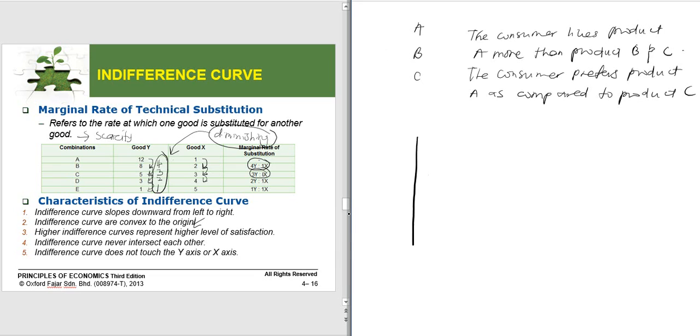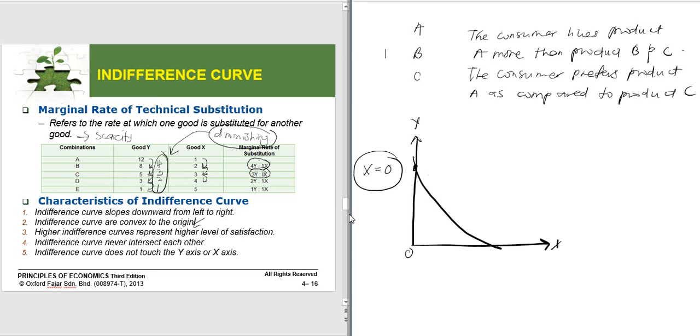So if the indifference curve touches the x-axis and y-axis, it doesn't really show the combination of X and Y. For example, if the indifference curve touches the y-axis, it shows that X here is equal to 0, meaning the consumer does not consume product X. So it does not fulfill the characteristics or the concept of the indifference curve.